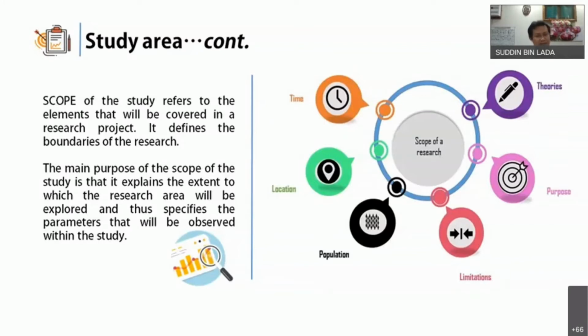Now you are in Malaysia, but you are interested to study a comparison between data from Malaysia and also China, comparison studies. But make sure, because the main purpose of the scope of the study is to explain the extent to which the research area will be explored and thus specify the parameters that will be observed within the study.